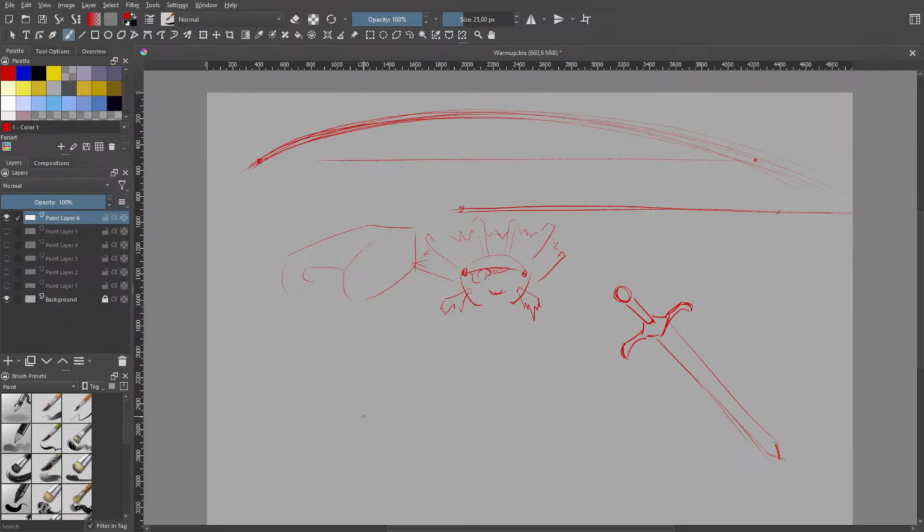Let me try and draw a dog here of some sort. One that's kind of looking at us.